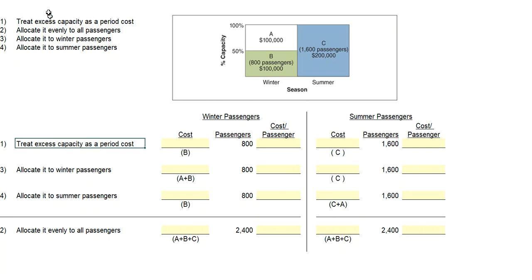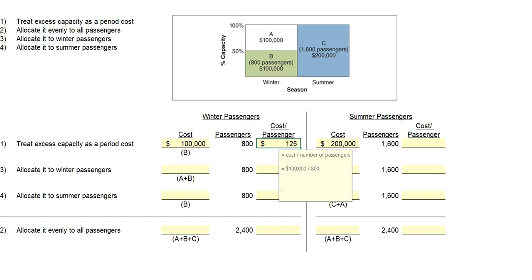Let's go ahead and see what happens if we treat that excess capacity as a period cost. If we treat it as a period cost, then the cost we have to allocate to winter passengers is only the direct cost of $100,000. And if we've got 800 passengers, we would have a cost of $125 per passenger.